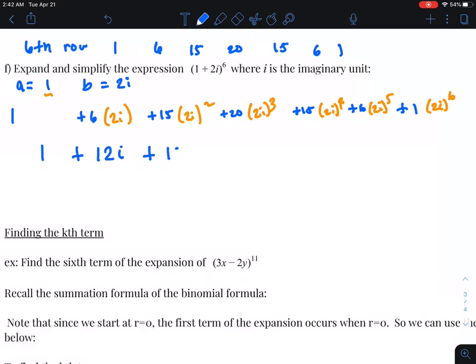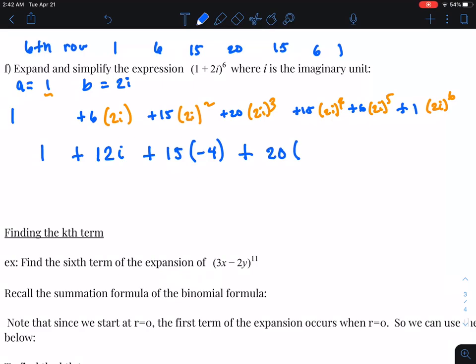Plus 15, got to distribute out this 2 to both, which will make that negative 4i, I believe. Or sorry, negative 4 plus 20.